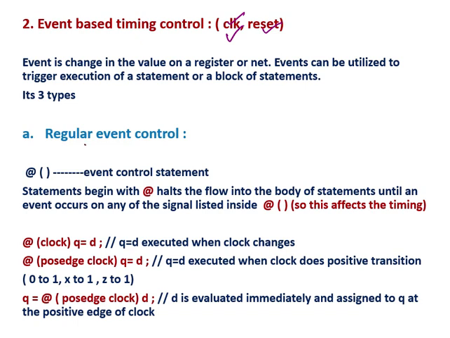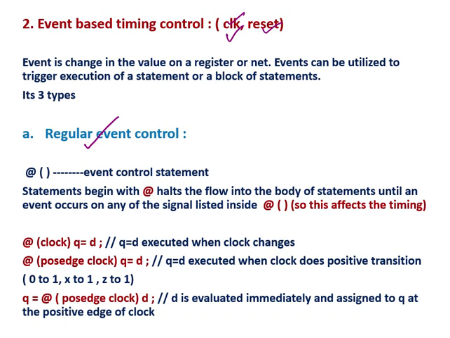The first one is the regular event control. What is regular event control? Regular event control is @ followed by brackets, and you can write anything inside the bracket. The statement that begins with @ halts the flow into the body of the statements until an event occurs on any of the signals listed inside.